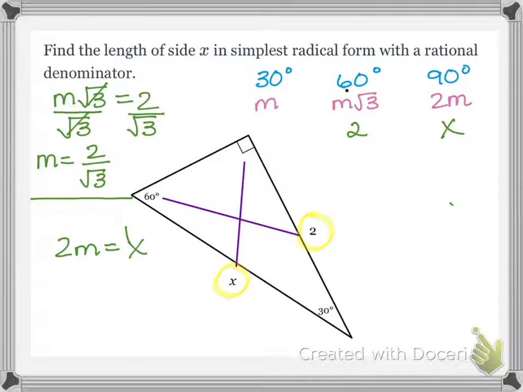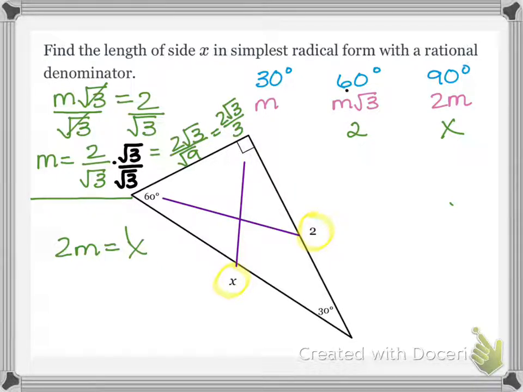Now, 2 cannot be divided by square root of 3, so I need to multiply the denominator and the numerator by square root of 3 in order to rationalize, okay? So 2 times square root of 3 ends up being 2 square root of 3, and square root of 3 times square root of 3 is square root of 9, which is just 3.